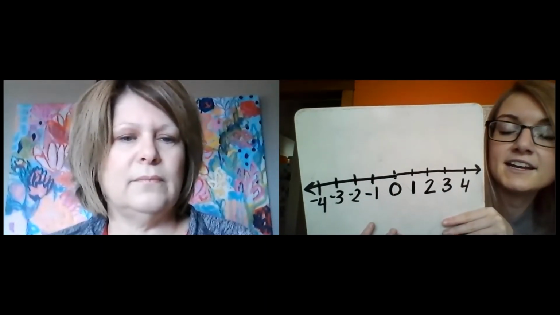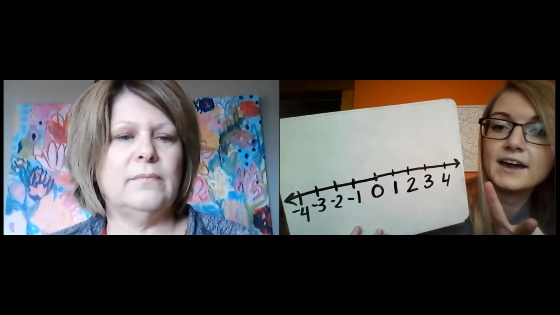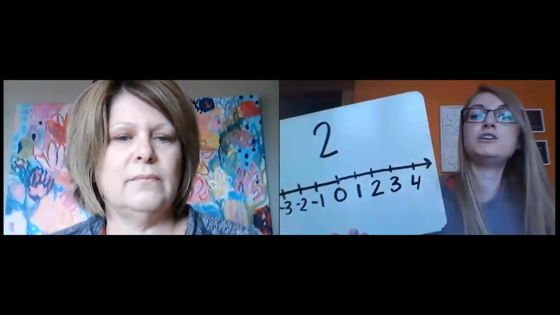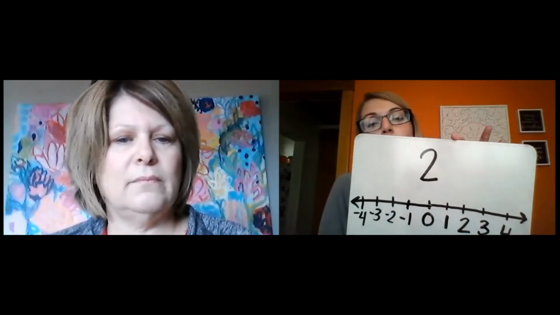So Mrs. K had said that an integer is the number and its opposite. If I asked you to graph the number 2 and its opposite, you know how to use a number line, right?